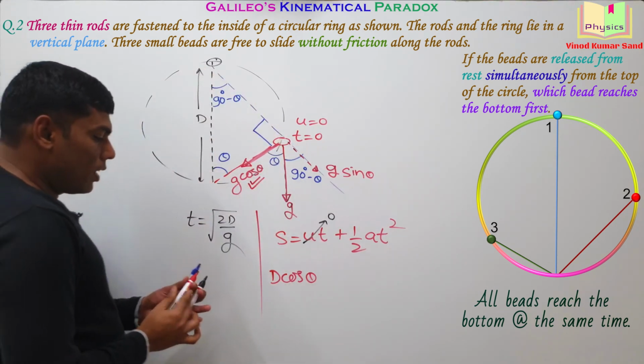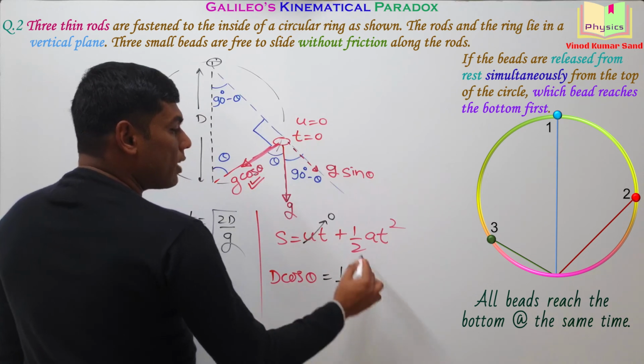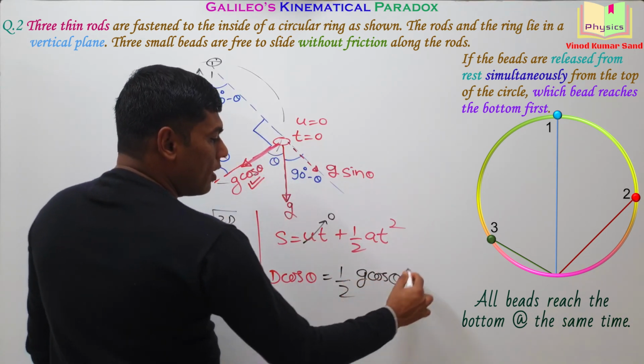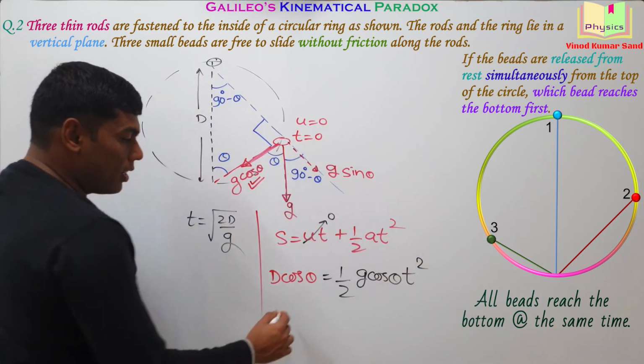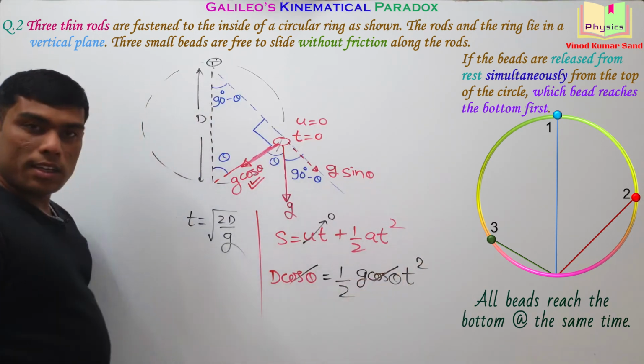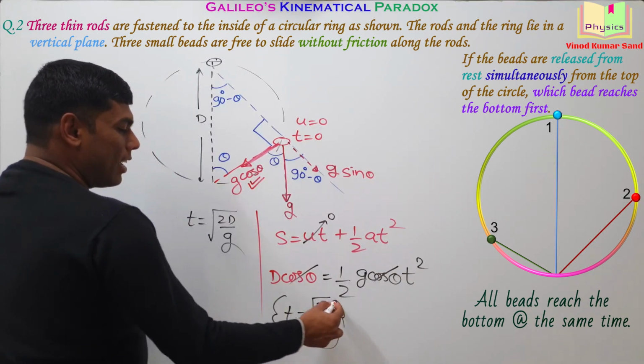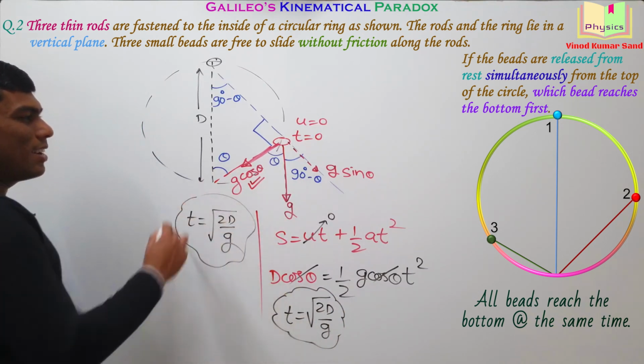Give it a try. It is equal to half, the acceleration is g cos theta along this path, and then t square. Cos theta is again getting cancelled out. t comes out to be root 2d by g. Again the same time taken.